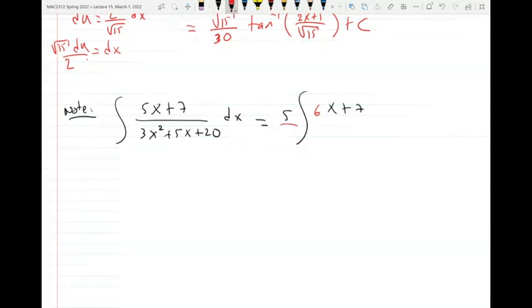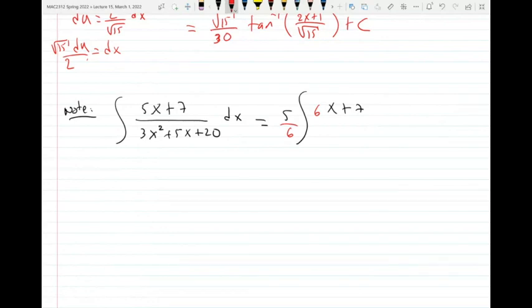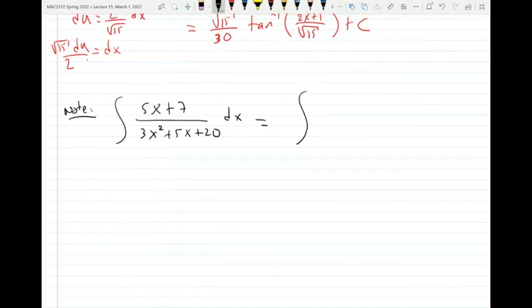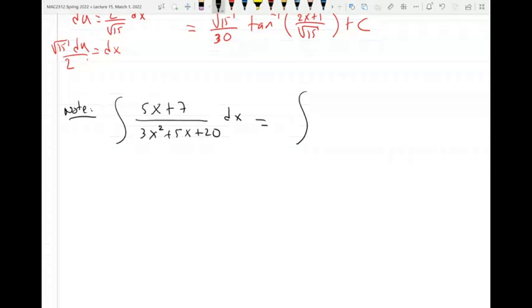Professor, why do you do that? Well, I can, because, wait. I'm getting too excited here, so let me be careful. I'm gonna factor out the 5. I have to do some preparation, unfortunately.